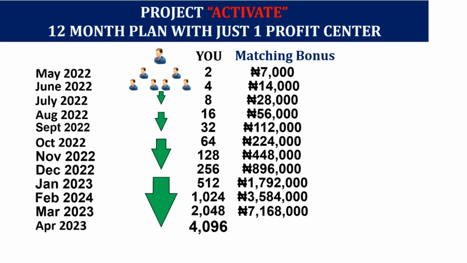Ladies and gentlemen, if 4,096 people join your business, it is going to pay and match you 2,048 times. If you multiply 2,048 times by 7,000 naira, what you will have is 14,336,000 naira. 14 million in time.